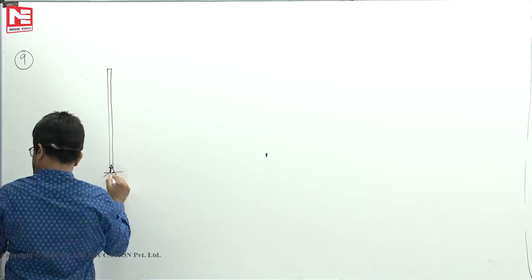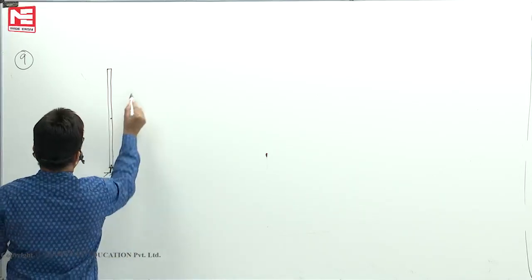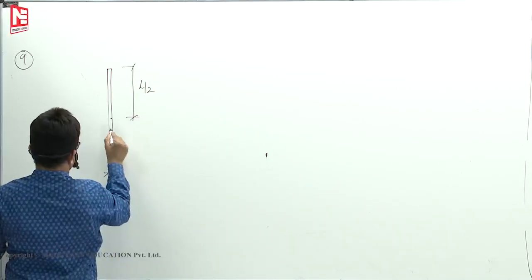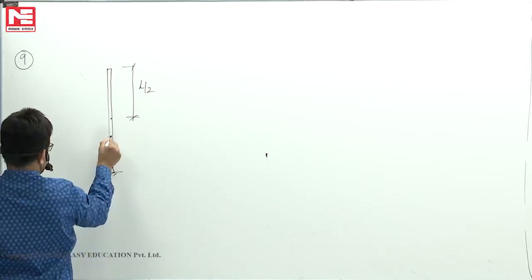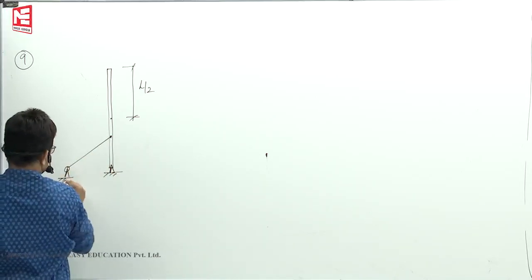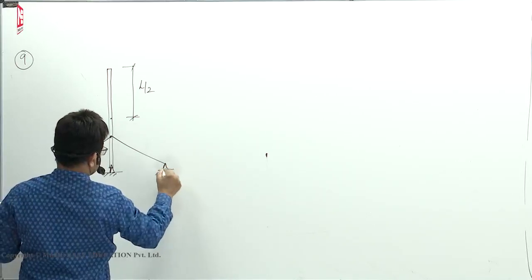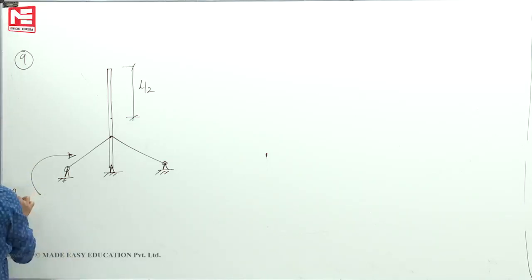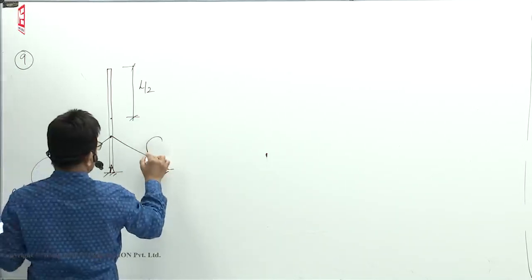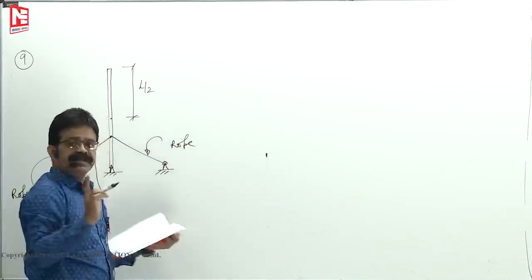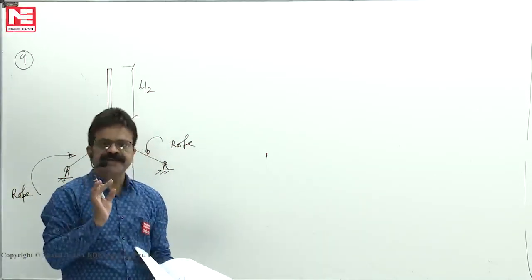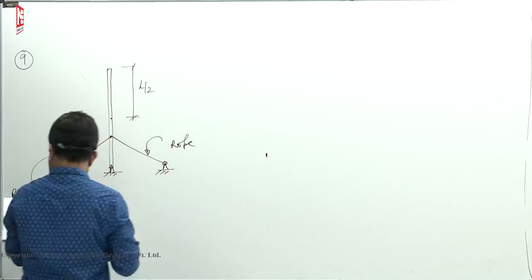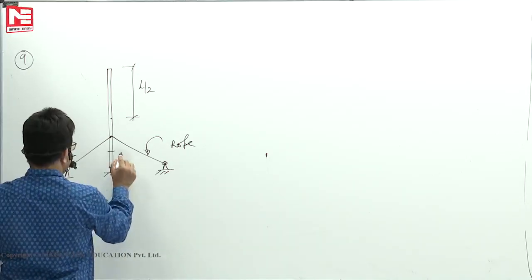It is hinged here. This is L by 2. Then at L by 4, that means somewhere here, we have attached cables. These are cables or ropes we can take. This is also rope. Rope is like a cable, can only take tension. When subjected to compression, they get slack. It will be 0.